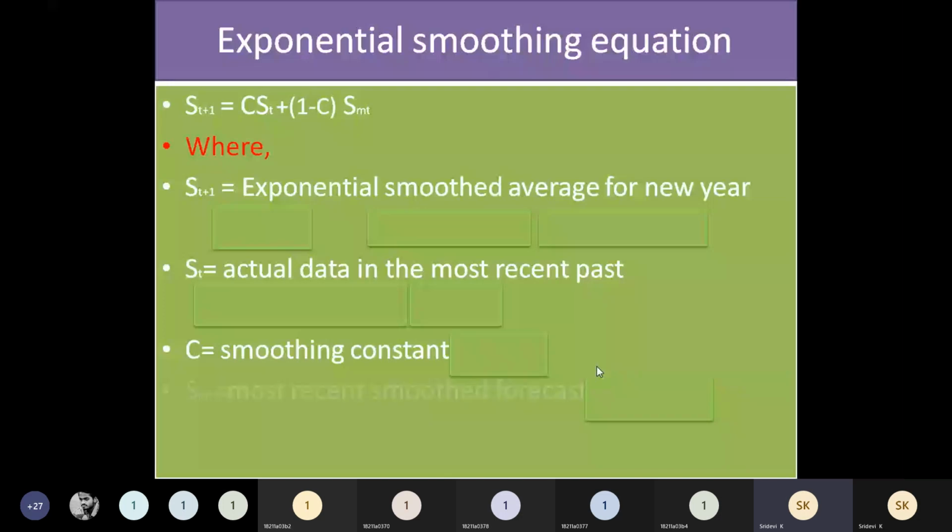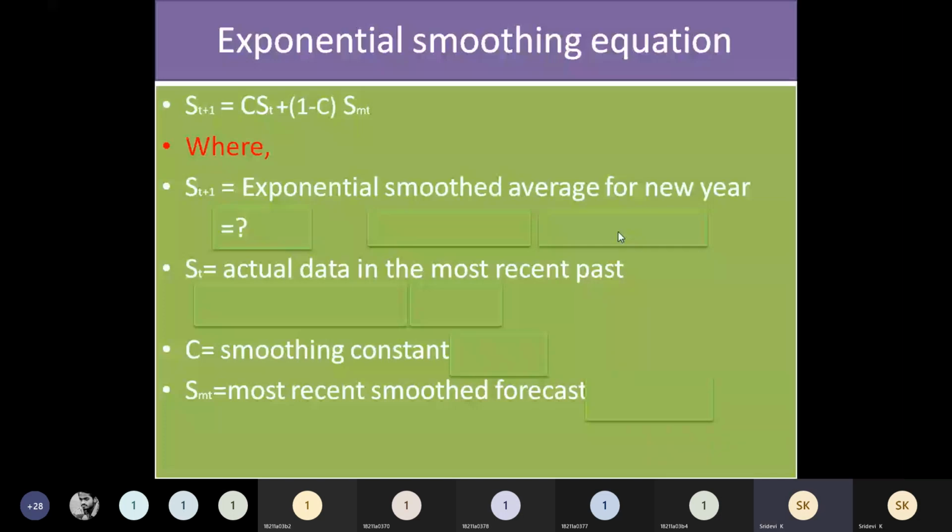And SM(t) stands for the most recent smoothed forecast. Forecasting here we have done by averaging. On the fifth day we got 49 point something, no? So that value is nothing but the smoothed forecast average value. That value you are going to take in place of SM(t). So what are we calculating here? S(t+1).